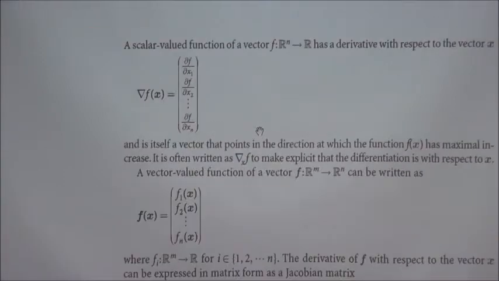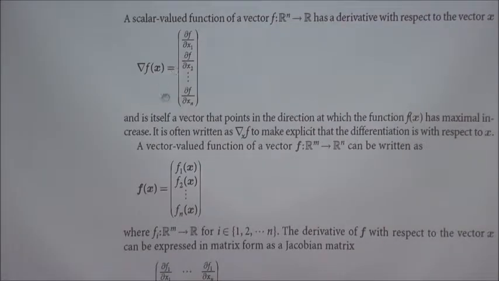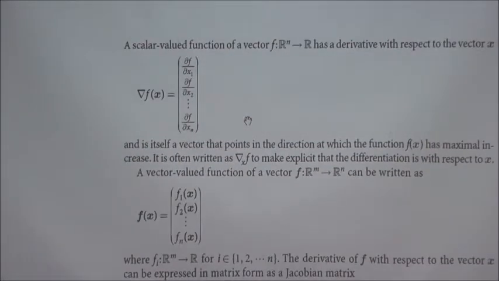In the Jacobian, if you look at a scalar valued function f going from n variables to one value, we call the delta of f, sometimes, the gradient. What is actually going on is the following.